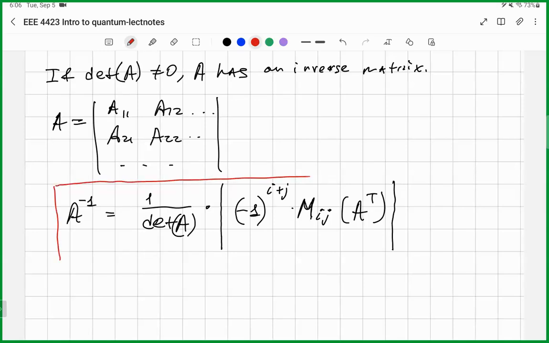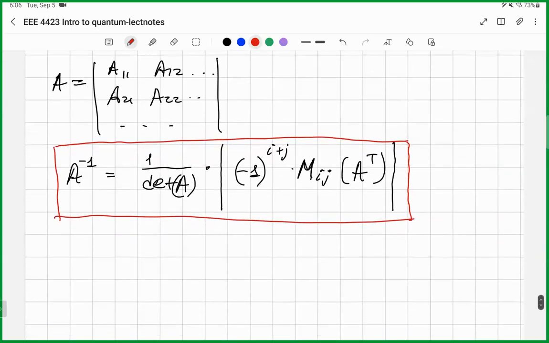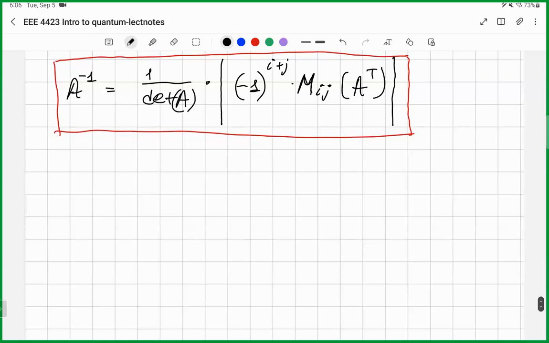So as you can see, it's much more bulky comparing to the vectors, or especially to the numbers. But still, it's pretty easy to find if you have some practice. So let's consider an example then.